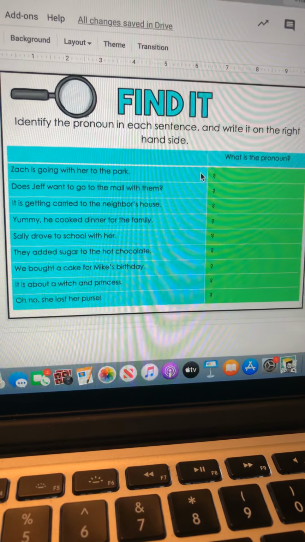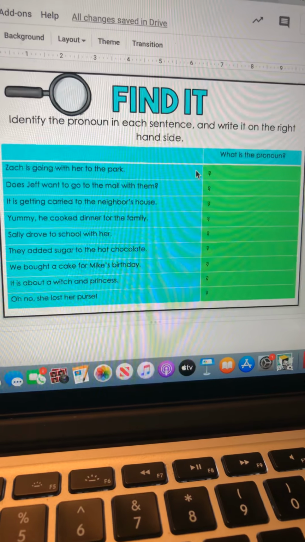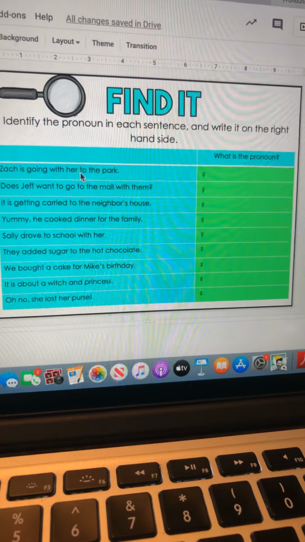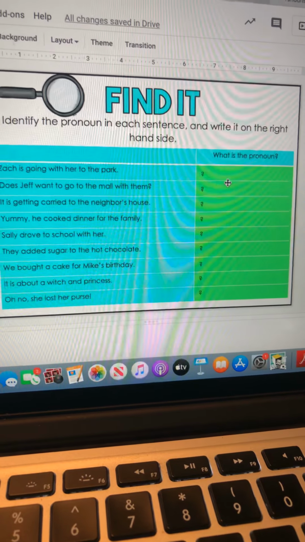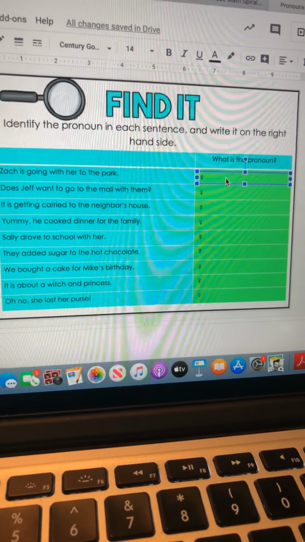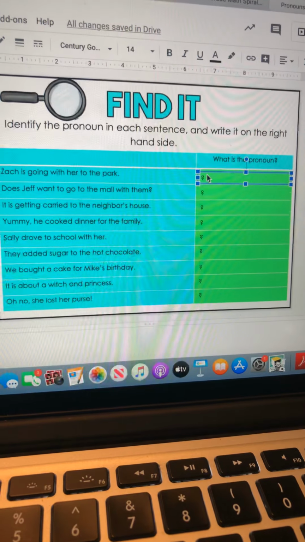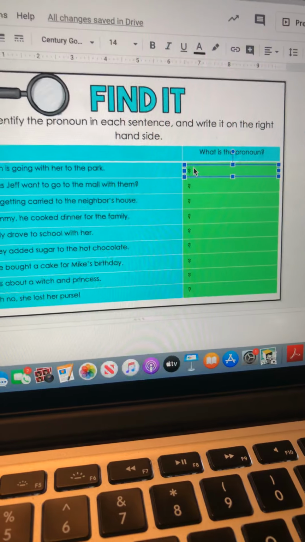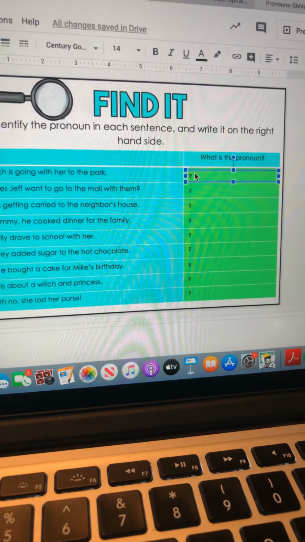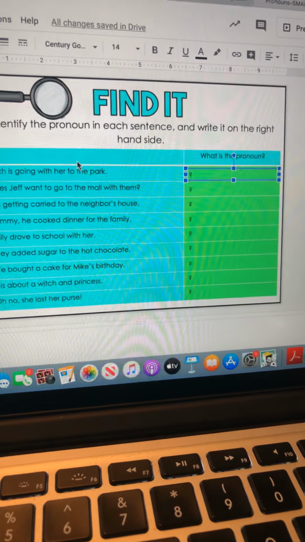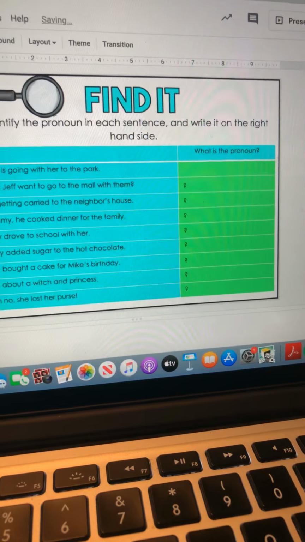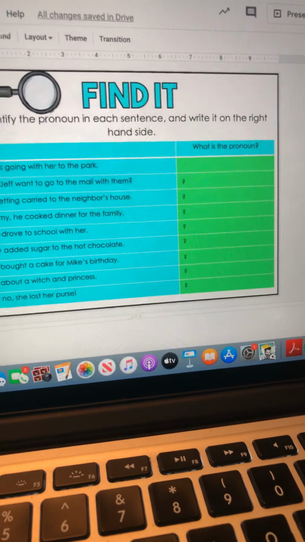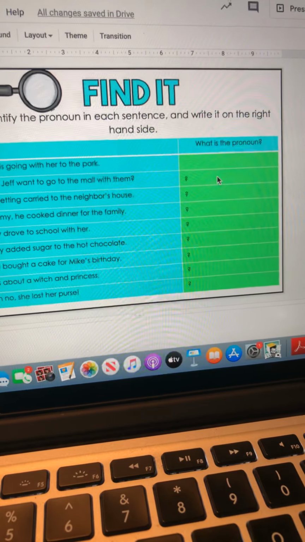I know the pronoun in this sentence is her because it is replacing the name of a girl. You could say Zach is going with Miss Coleman to the park, but instead of saying Miss Coleman, it is saying her. So all you're going to do here is write her in that box.